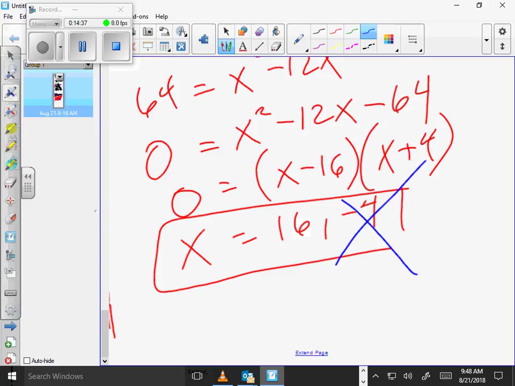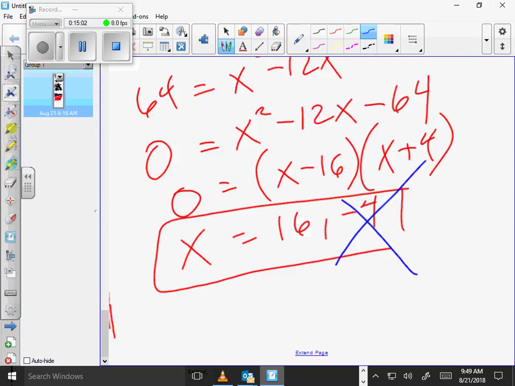Every time you solve a log equation, you need to go back and check to see that those numbers work. Please don't be prejudiced against negative numbers. Just because they're negative doesn't mean they're always going to be the ones that get thrown away. The negative ones could be the ones that work, and the positive ones could be the ones you need to throw away. Okay, so you really need to check both answers.